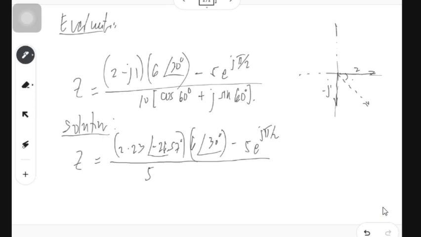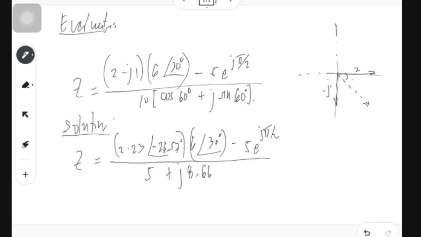Cosine of 60 is 0.5 times 10 is 5, no? Plus j, what about this? 8.66. Will you check? Is it 8.66? 0.866, sir. At times 10. 8.66 po, sir. Tama, no?